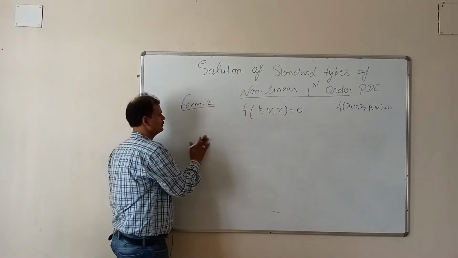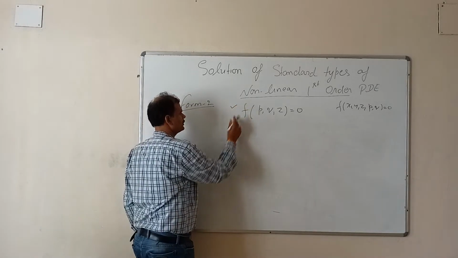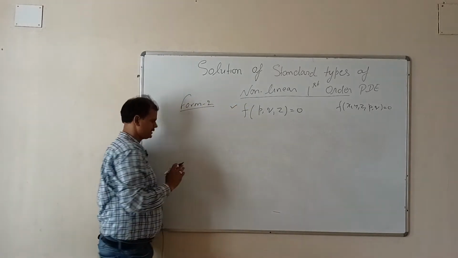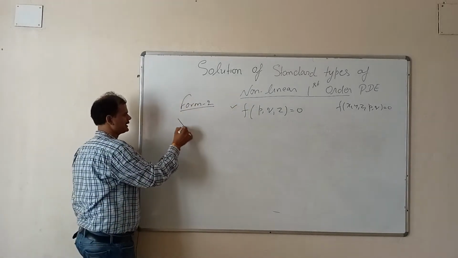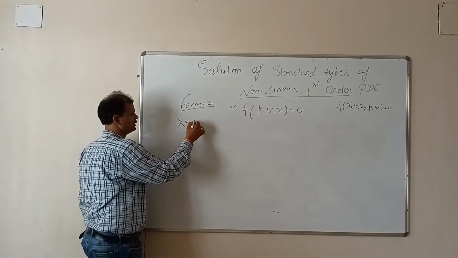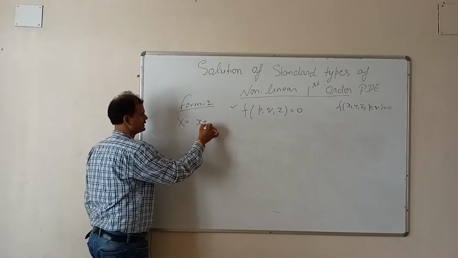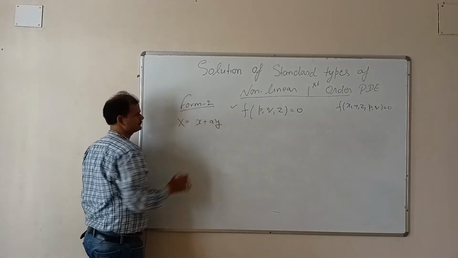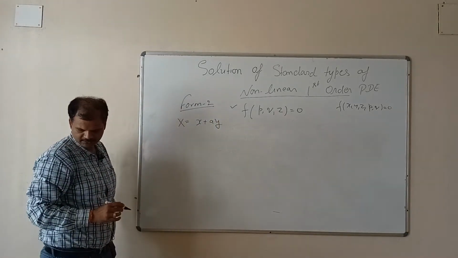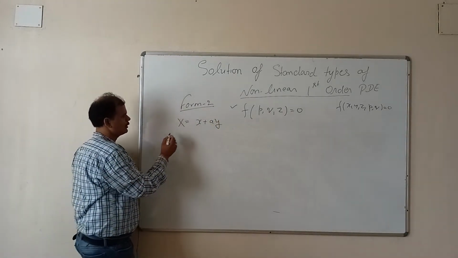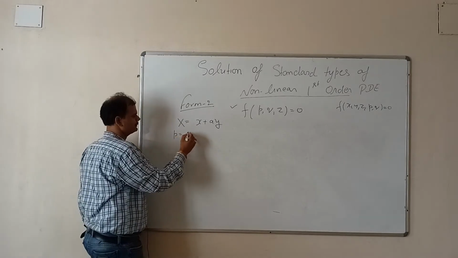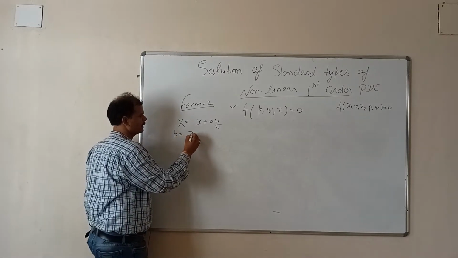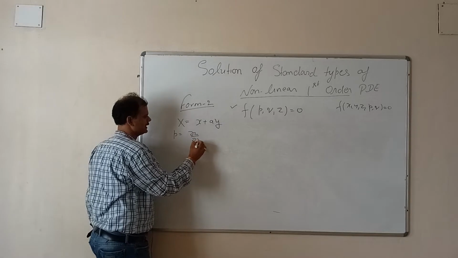So what do we do for this type of PDE? We have one transformation, that is capital X equal to x plus ay. So what is p? p will be del z by del x.